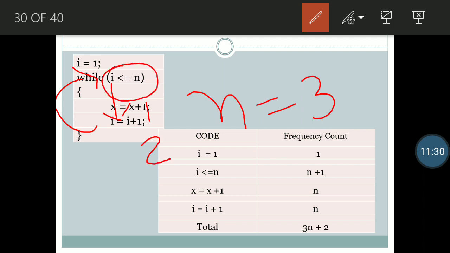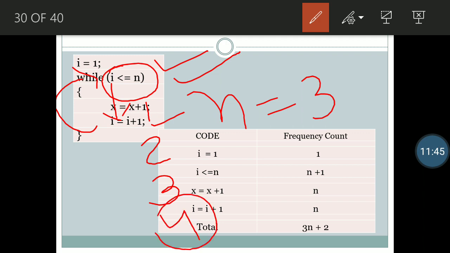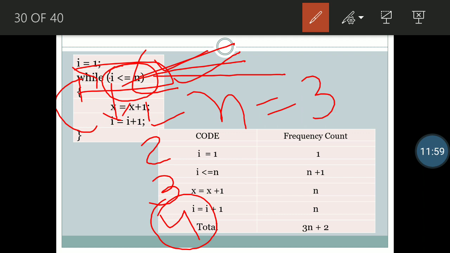Again this condition will be true. i plus plus, i's value is 3. Again this condition will be true. Again we will check for i is equal to 4. So this line will be executed 4 times in our program. So this line while i less than or equal to n will be executed n plus 1 times.